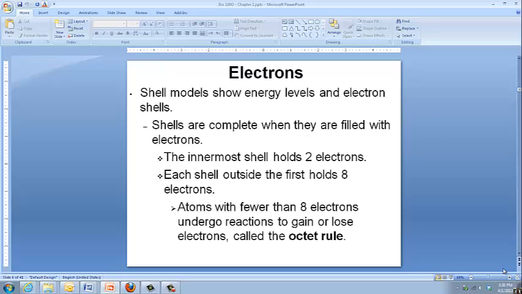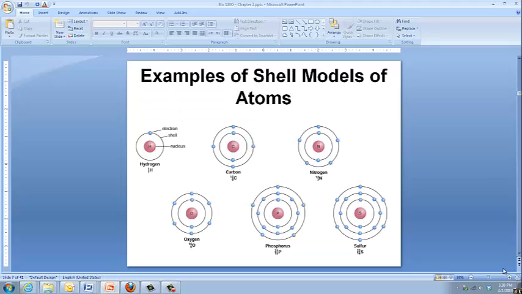If they have 1 shell, they want to have a total of 2 electrons on that shell. If they have that second shell, they want to have 8 there. And if they have a shell outside that, they want to have 8 on that as well. But the key to remember is this: the outer shell of electrons has to be full. So all atoms want to fill up that outer shell with electrons.